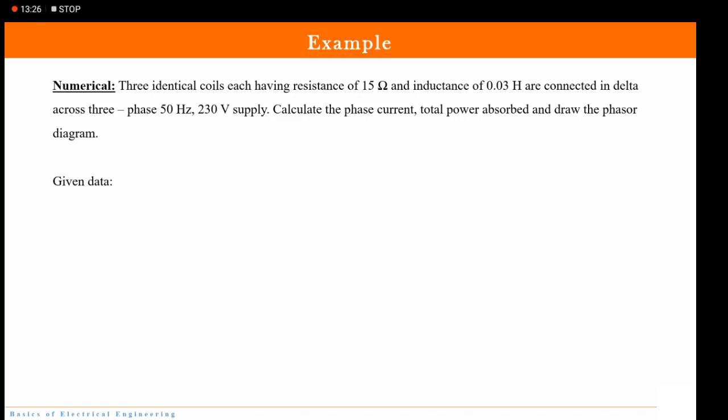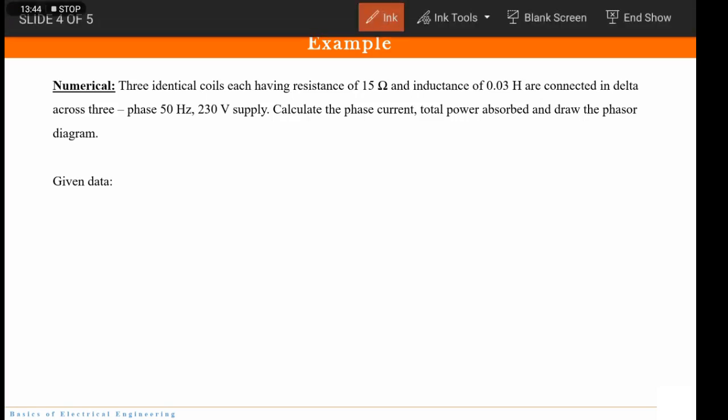Again we have to calculate phase current and total power, but here one additional thing has been asked, and that is we have to draw the phasor diagram. In the last numerical it was star connection, whereas in this numerical it is delta connection. So let us note down all important things.